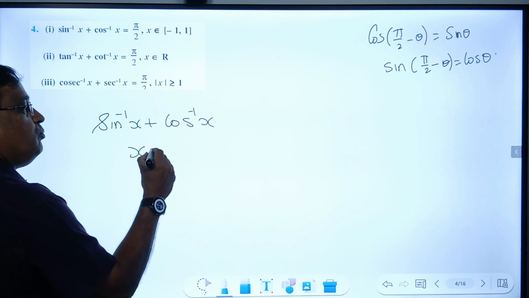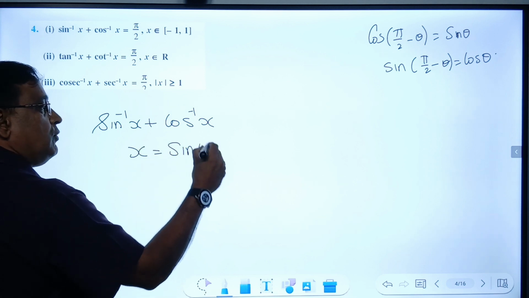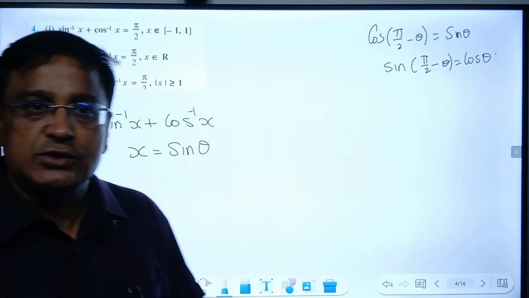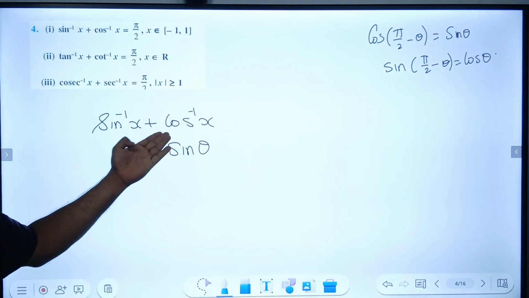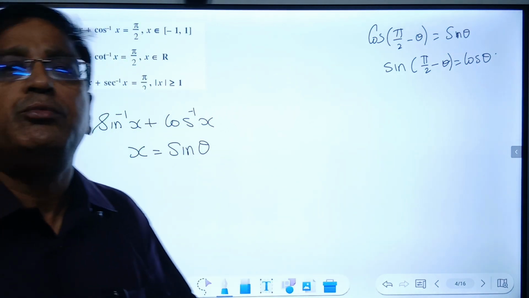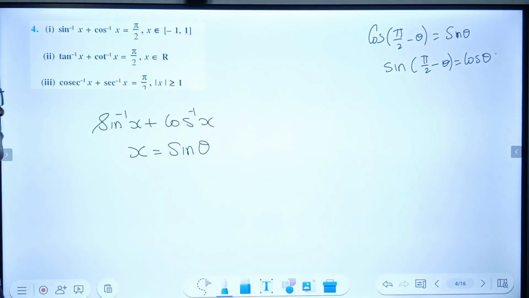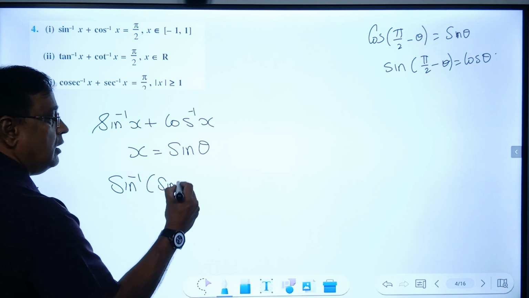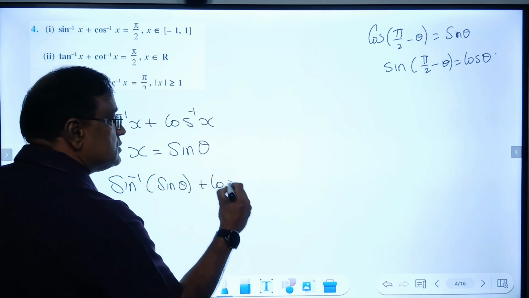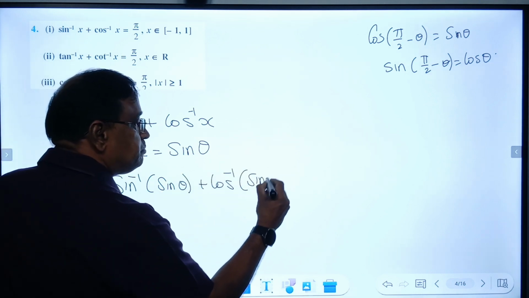Now, how will we find out? Clearly, what you do, you put x as sine theta. If you don't want to put x as sine theta, you put x as cos theta. Since there is sine inverse of x, I put sine theta. You can even put x as cos theta, no issues. So now what happens? This is sine inverse of sine theta plus cos inverse of sine theta, correct?